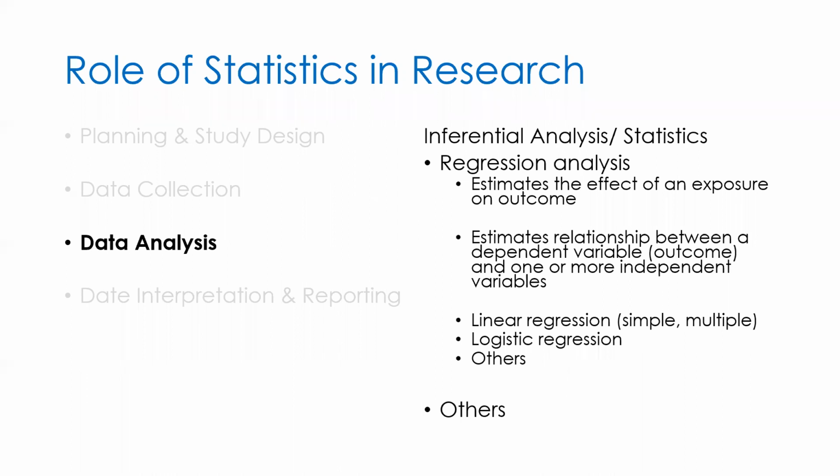There are different types of regression analysis. It may just be simple if you are dealing with just one dependent and one independent variable. But if you are dealing with so many variables, then you may need to do a multiple linear regression analysis. If you have more complex data, you may need to do logistic regression. There are a number of other regression analyses that may be required.